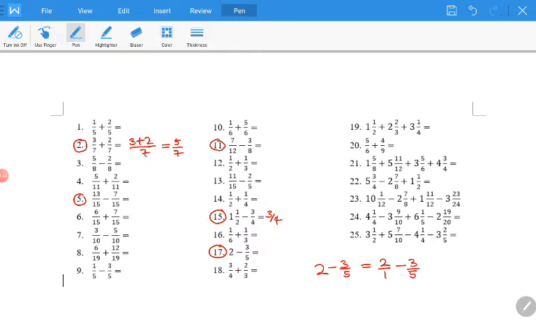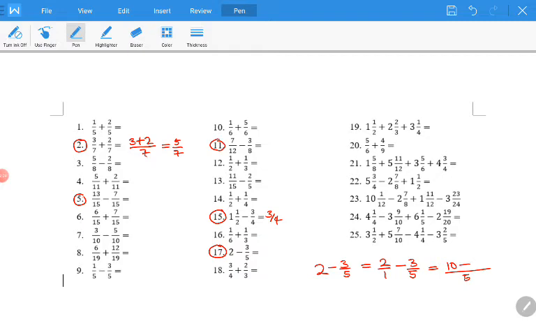So we now need a common denominator, which is 5. 1 into 5, it's 5. 5 times 2, that's 10. So 2 over 1 is the same as writing 10 over 5.